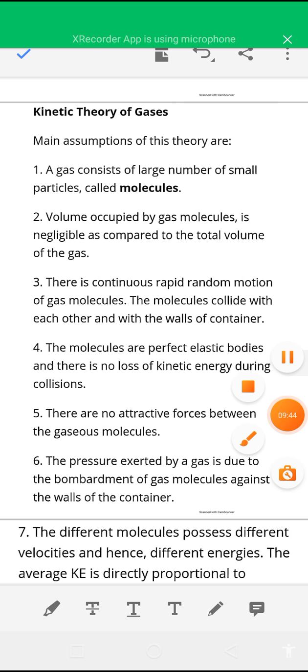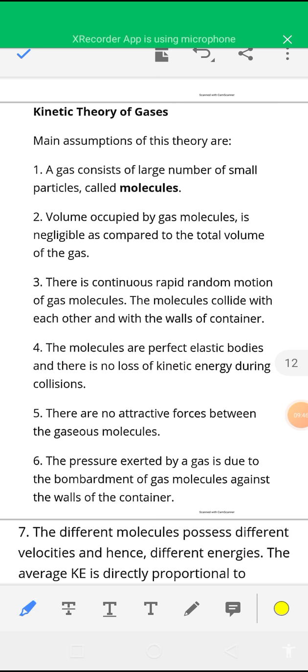Now see kinetic theory of gases. The main postulates or assumptions of the kinetic theory of gases are: first, a gas consists of a large number of small particles, and these are known as molecules.